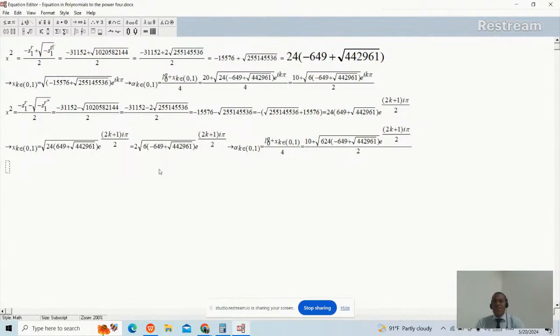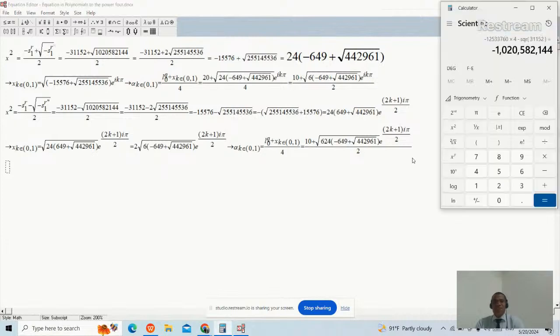31,152 plus what, learners, you can see this one because we told that we put the negative sign in front of it because minus s1 r dash is negative 1,020 million 582 144. I will put negative sign, so it will be this one.